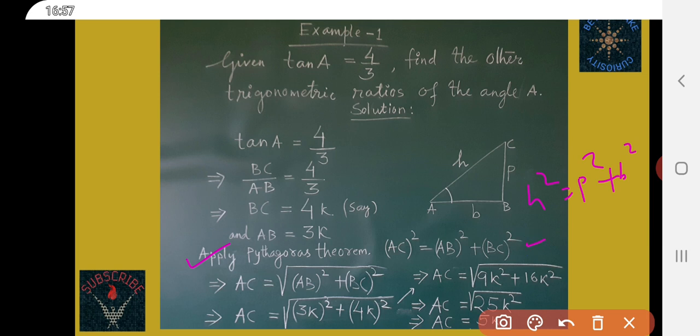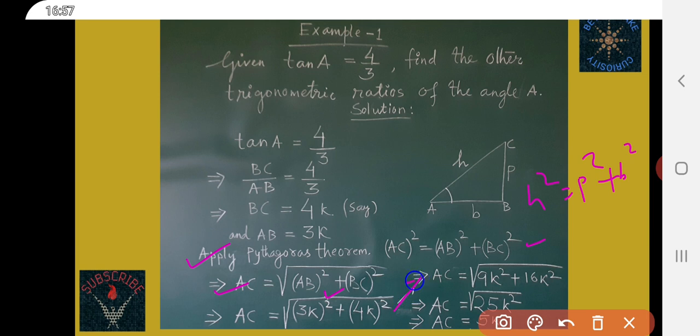Then AC equal to how much? Under root of AB square plus BC square. You know AB is 3K, so 3K square, and BC is 4K, so 4K square, under root.